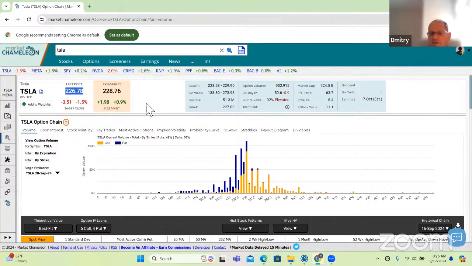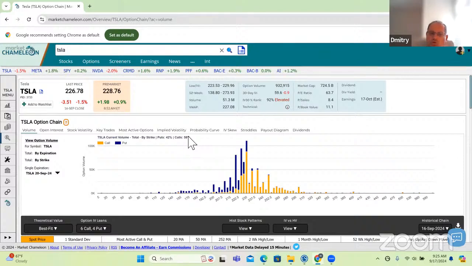And around the at the money, it seems to me that it's probably more calls than puts. And here overall 50%. So that's another way to look at the distribution of volume, and get a sense of which strikes traders are using when they're trading these options.